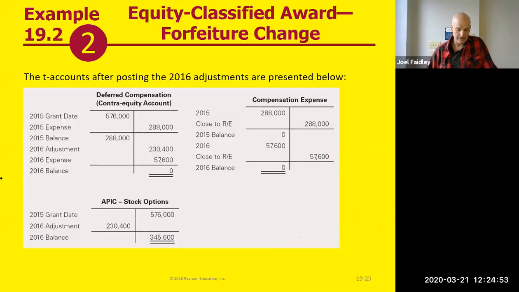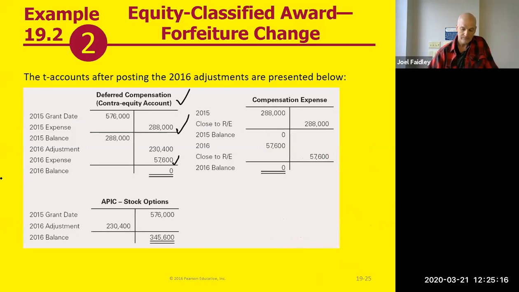All right, there's an even better way. You can probably read it better. There's my 576 deferred comp, contra equity account. 576, there's the 288 for 2015. There's the remainder for 2016. But we've come to find out that it should only be 288 plus 57.6.